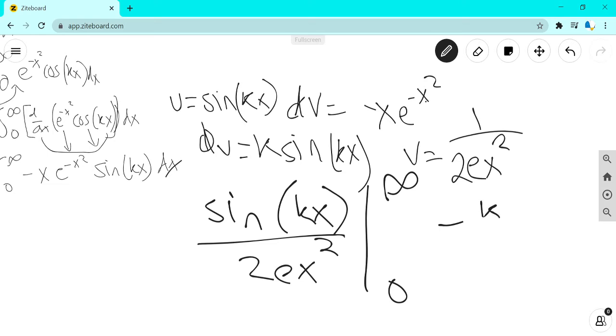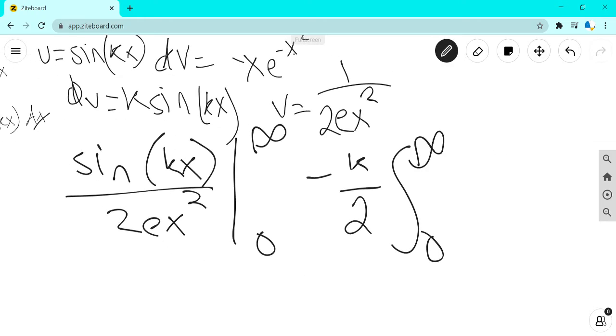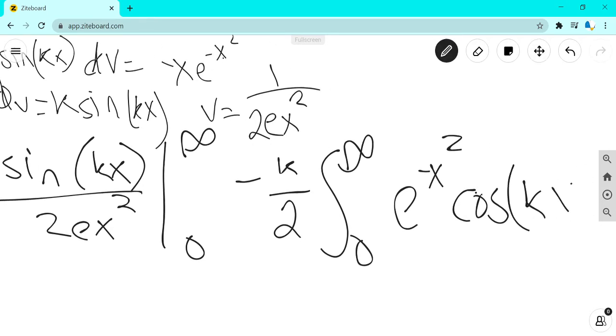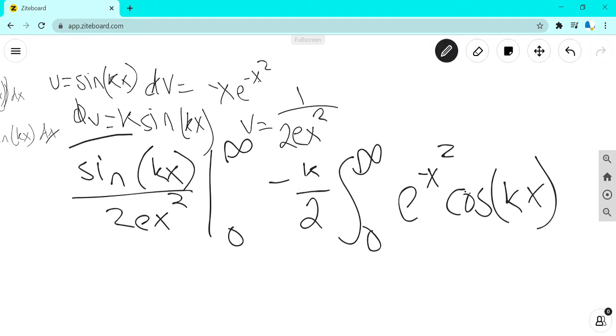So we take the k over 2 out, and we have the integral from infinity to 0 of e to the negative x squared cos of kx dx. This is what we're going to look at.